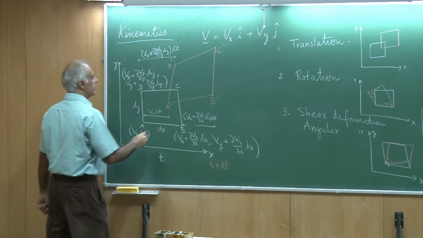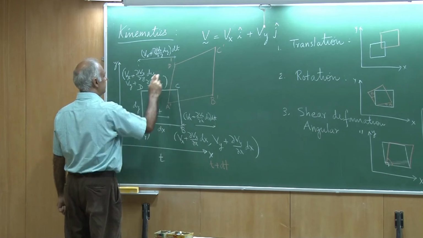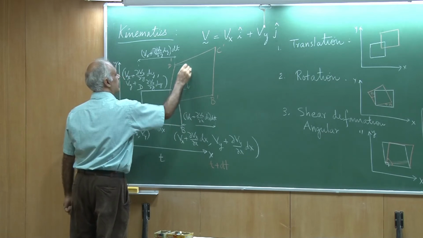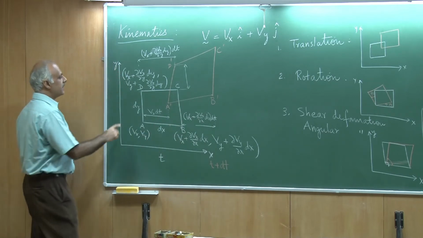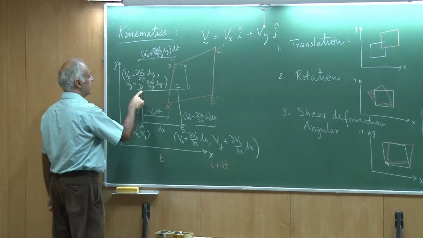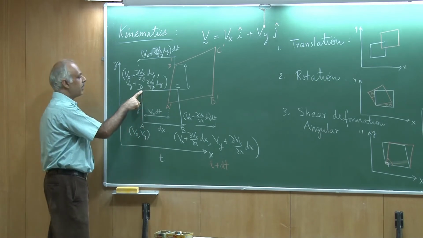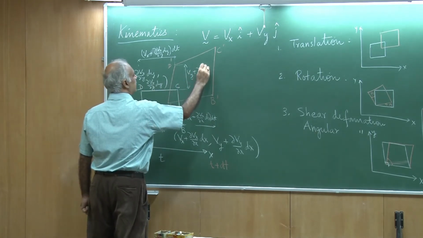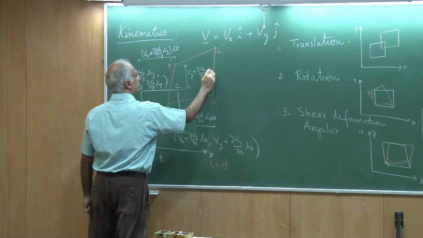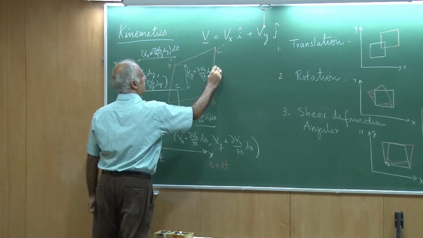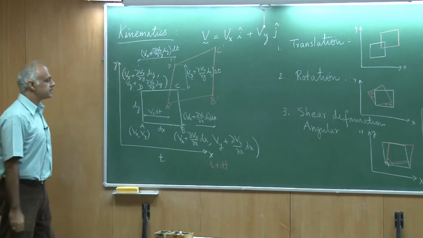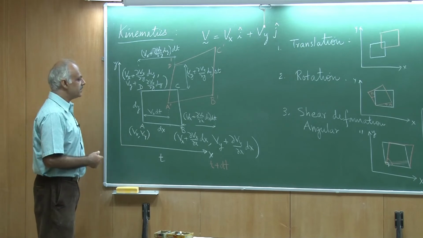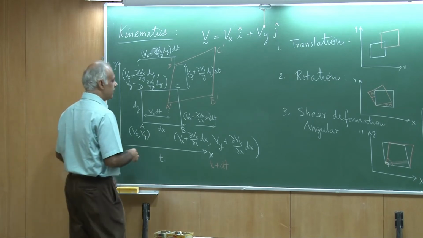I could also argue that the vertical distance between D and D prime, this distance here, would be given as the vertical speed at this point, which is simply Vy plus del Vy by del y dy, and whole times delta t, and so on and so forth. So, I should be able to make out different of these distances and I can work with them.